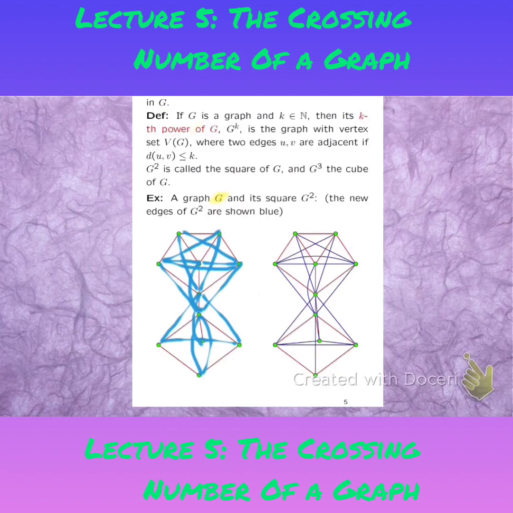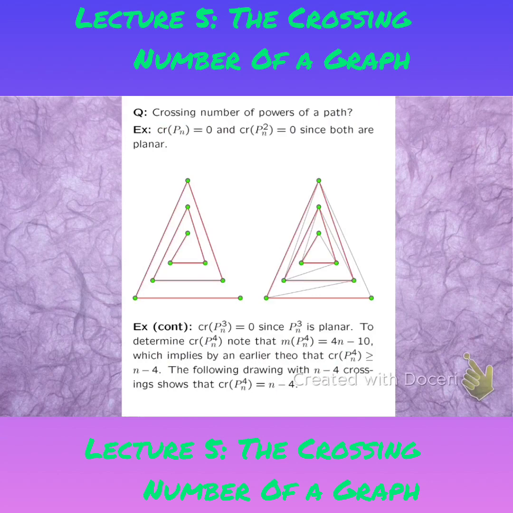I think I've added all the necessary edges. Okay, so that's how it works. You take G and you just add extra edges. You join the vertices that are distance at most 2 from one another. So that's the square of G in that particular case.